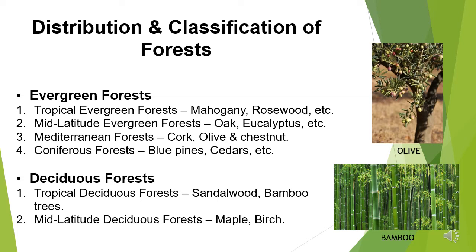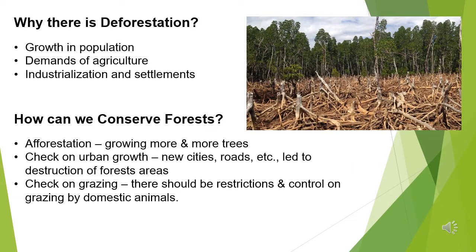Deciduous forests are of two types: tropical deciduous and mid-latitude deciduous forest. In tropical deciduous forest, we can find sandalwood tree, bamboo trees, and in the mid-latitude deciduous forest we have maple and birch.